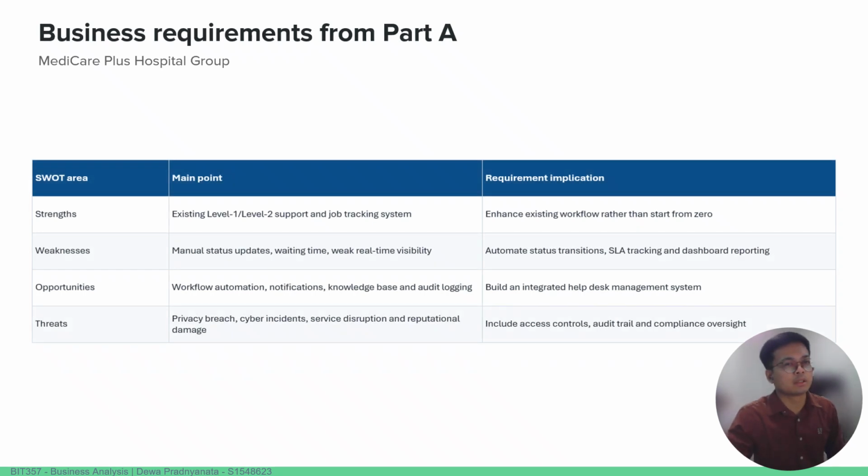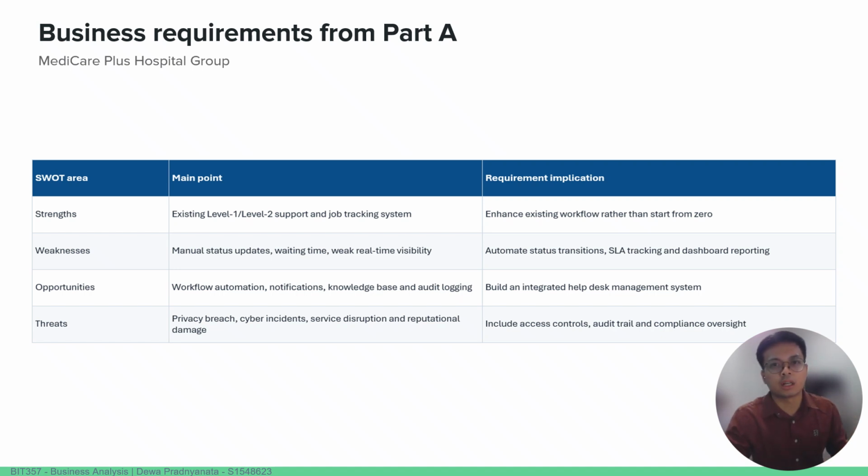From the SWOT analysis, the organization already has some strengths. It has level 1 and level 2 support staff, and a job tracking system already exists. However, the weaknesses are significant. Status updates are manual, there is poor visibility, and long waiting times in queues between process stages.